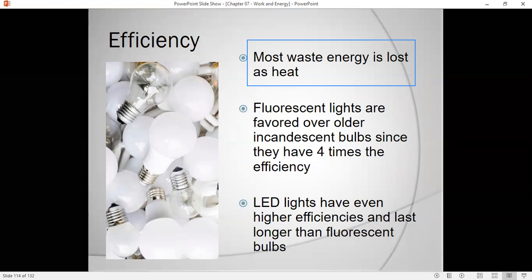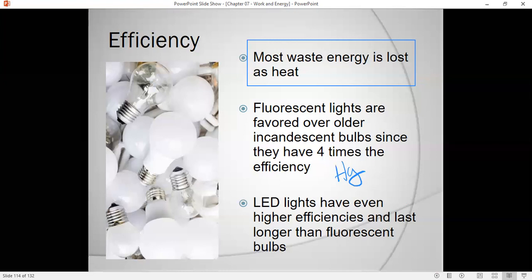The problem is called mercury. When the fluorescent bulbs break, the mercury is released. This mercury is a very bad heavy metal toxin. So we've been trying to get away from these fluorescent bulbs because invariably they break, the mercury goes into the environment, and it makes it into our food chain where it's very dangerous for us.